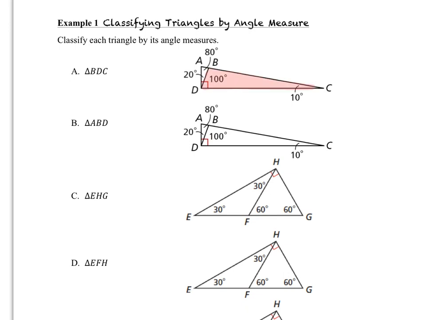Triangle BDC is the one I've colored in red. We want to classify the triangle as acute, right, or obtuse. Although it is a little bit hard to read, we can see that angle DBC is measuring 100 degrees, making triangle BDC an obtuse triangle.